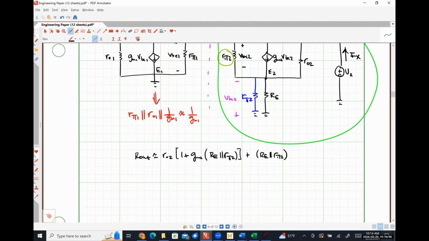So we have a very large, or at least larger than a conventional current mirror output resistance once again.